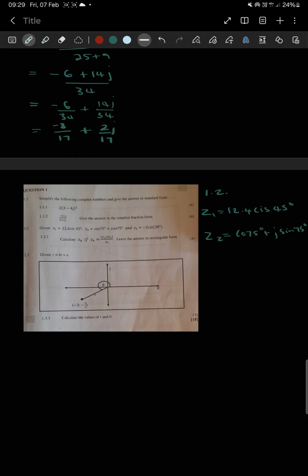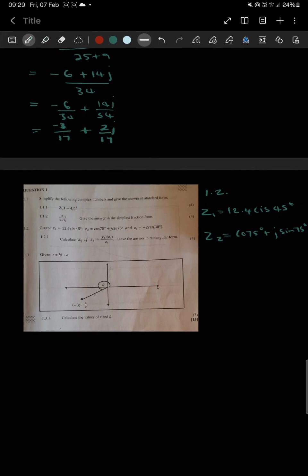Apologies for referring to it as i in the first section of the question. We'll stick to j because it's j. And then Z3 equals negative 2 cis 30 degrees. We are supposed to calculate Z4.